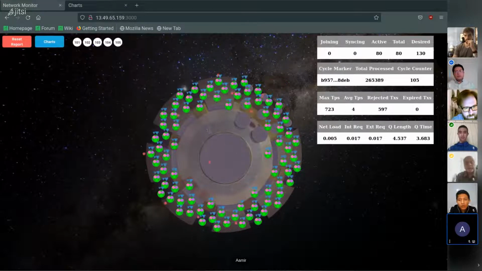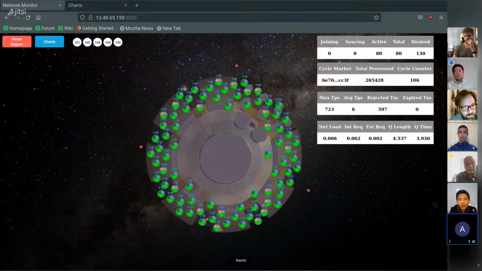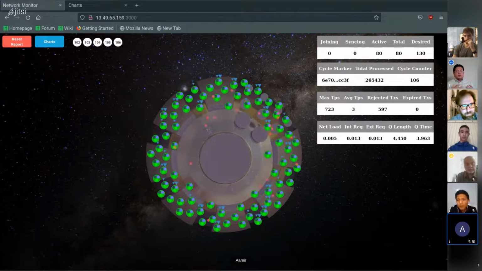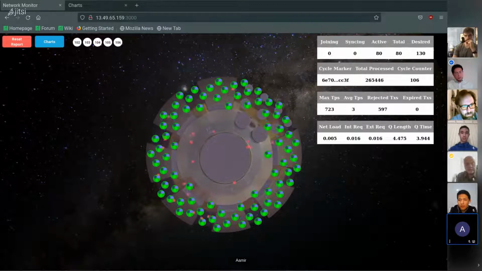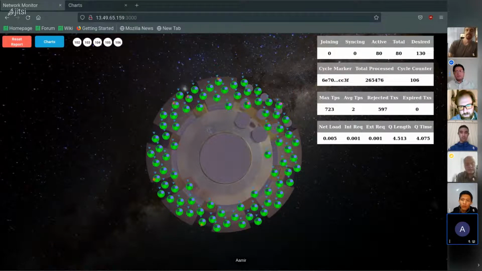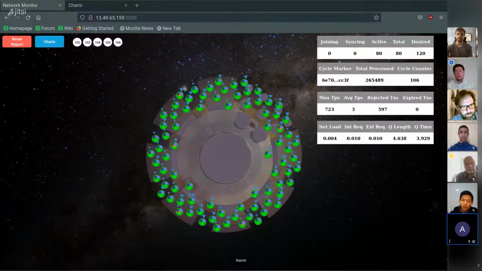But then in the nighttime, the load goes way down, and we may only need 50 or 100 nodes. So typically in the real world, the loads change gradually, usually over a 24-hour period. And so that gives you a lot more time for your network to adjust to the load that it sees.